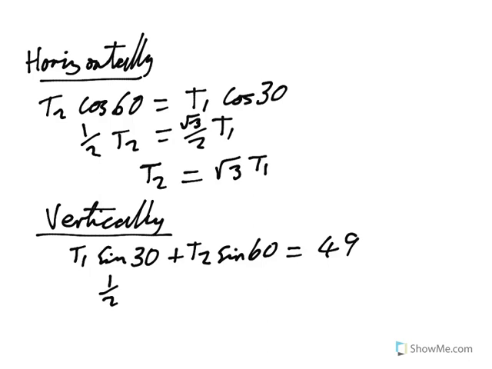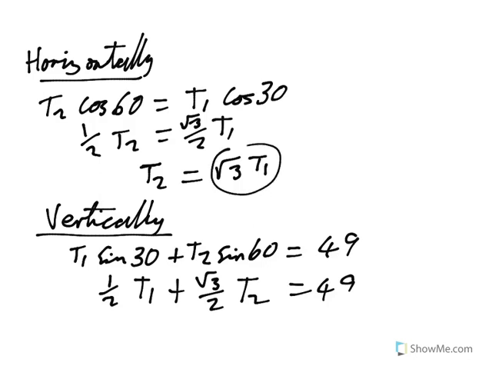So, sine of 30 then. Sine of 30 is a half, so it's a half T1 plus root 3 on 2 T2 equals 49. Now, T2 is root 3 T1, so we get half T1 plus root 3 on 2 times root 3 T1 equals 49.